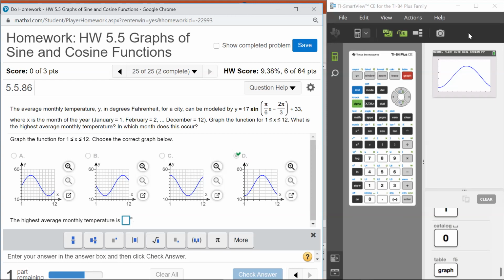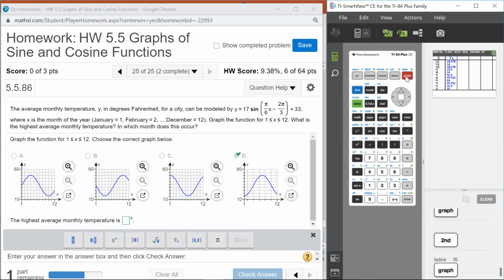We can also see the highest peak by going to my table. Looking at the table, going from 1 and continuing down, the highest value is 50 degrees.